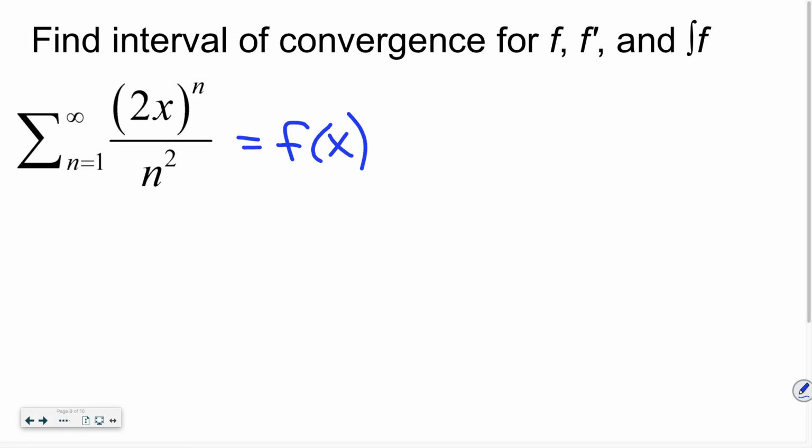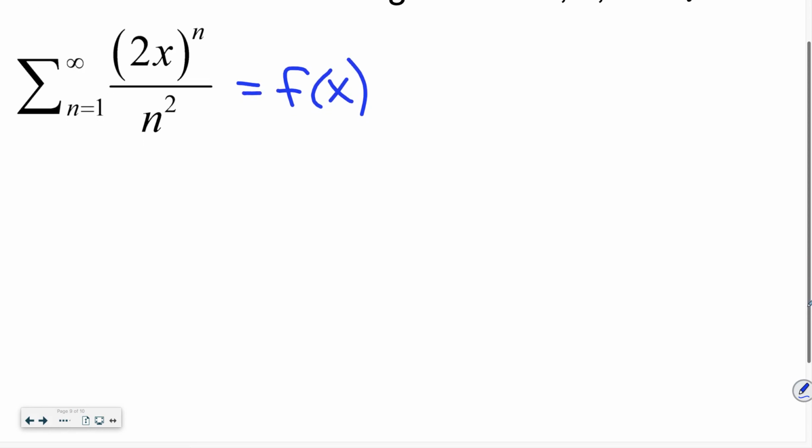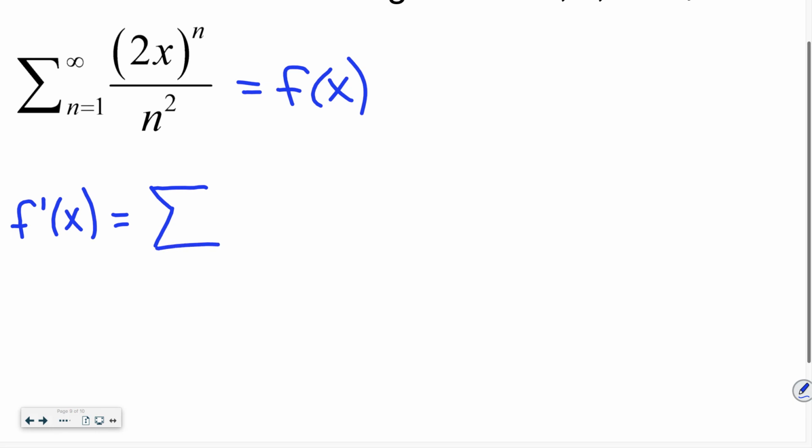If I call this f of x, f prime of x would be... how do we take a derivative?